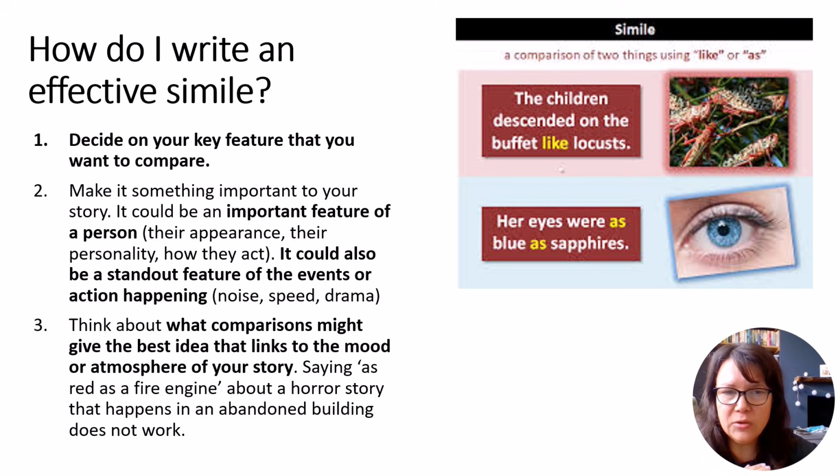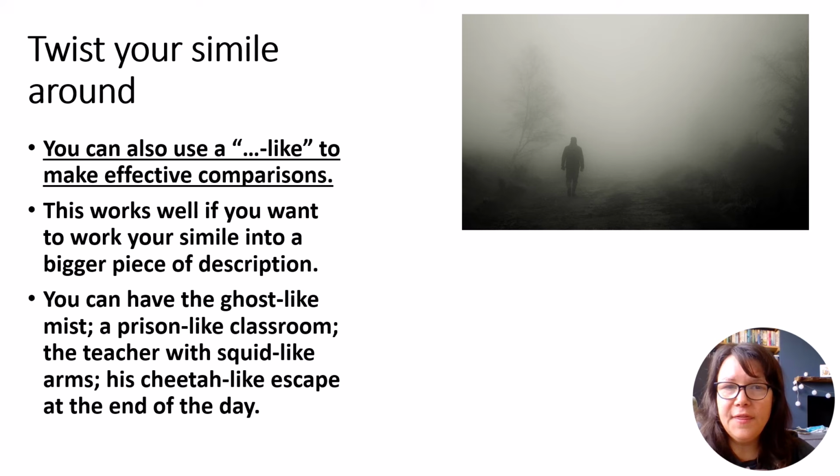And then again, like we talked about with personification, you are going to create your simile around the atmosphere that you want to make. There are all sorts of ways of constructing similes.